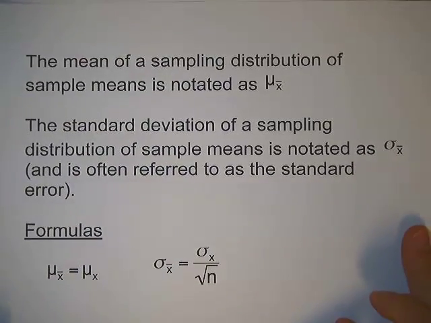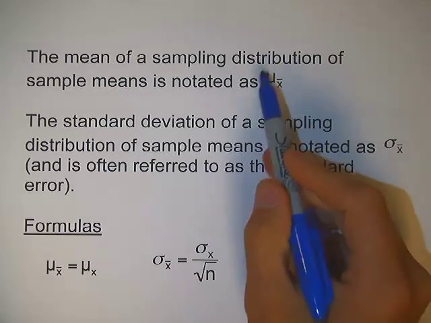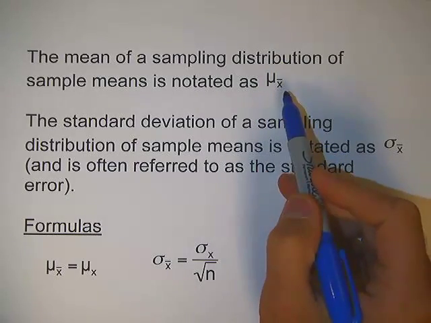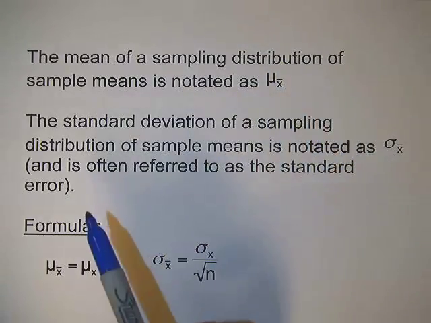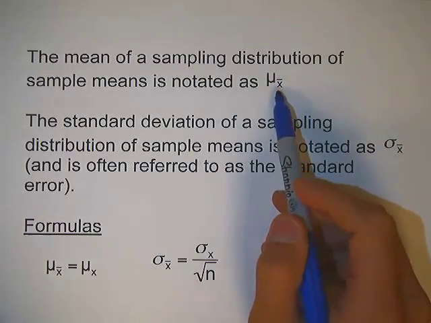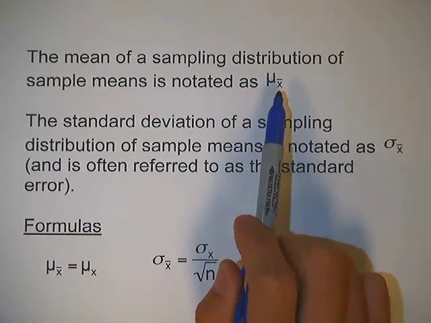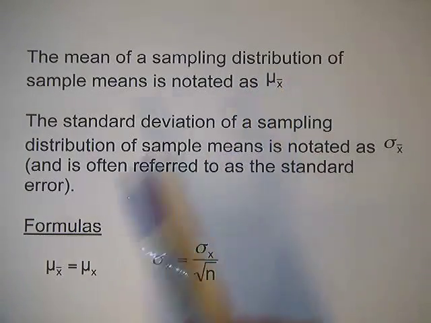Usually the main way we measure the center is using the mean. The mean of a sampling distribution of sample means is notated as mu sub x bar. Instead of the average x value, now we're looking for the average x bar value, so it's the average sample mean.